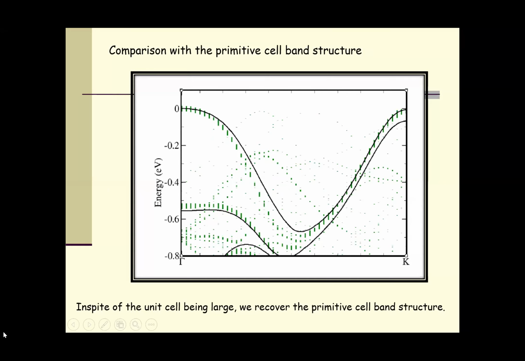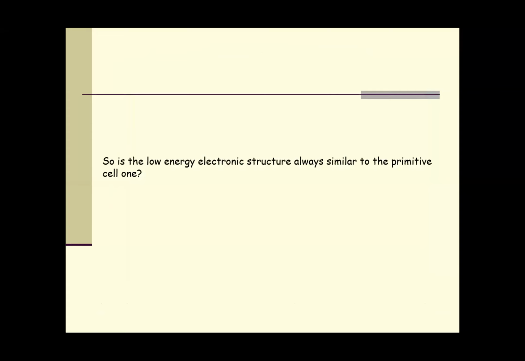And what you can see is that in spite of the unit cell being very large, we recover the primitive cell band structure. Which raises the question: is the low energy electronic structure always similar to the primitive cell one? Of course, we know that's not the case, and that's why we're all here discussing flat bands. So what exactly is happening over there?